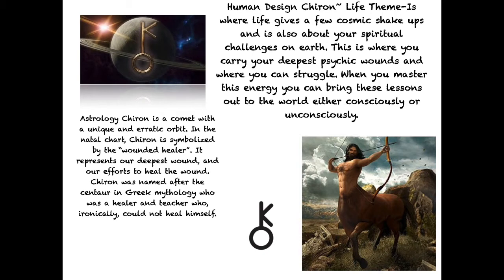But for somebody with sixth line energy, this is the coming out phase. This is where you literally get your chance to come out after all the time. The butterfly comes out of its cocoon, and it's able to fly and be the expression of its true self. And because of this whole long trip between birth and the Chiron return, anybody with sixth line energy is going to be considered a late bloomer.